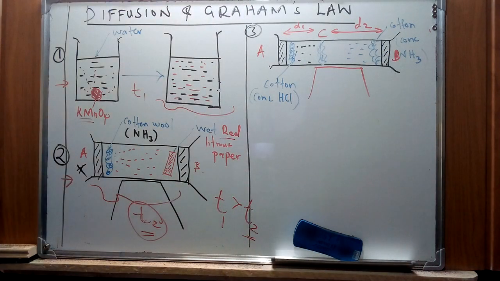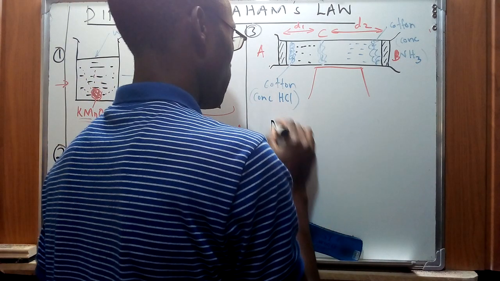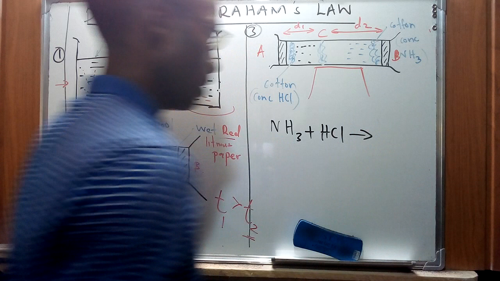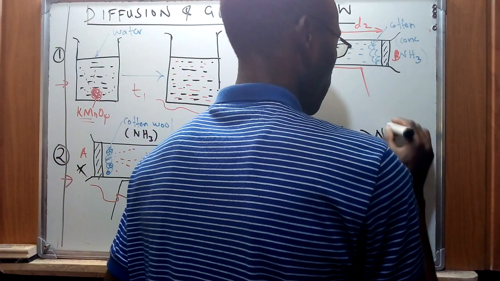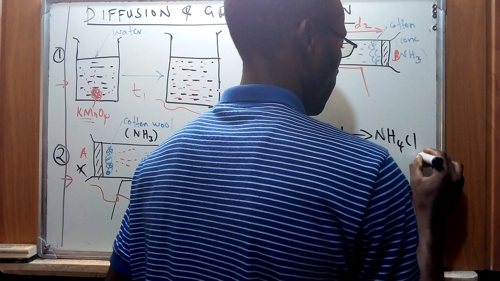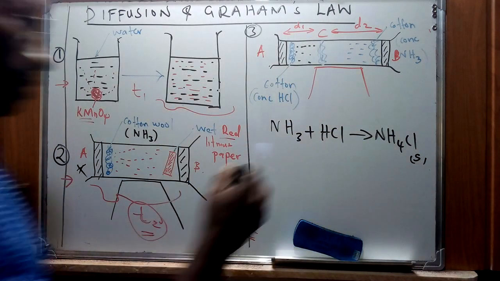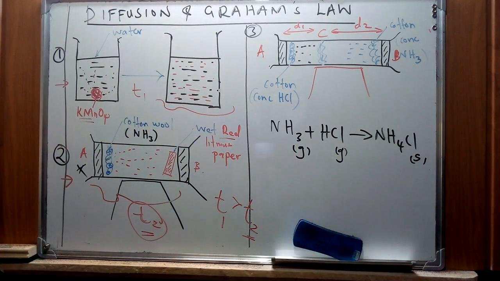They're going to form a white dense cloud of ammonium chloride. Now that's from reactions, that's the stoichiometry. We're going to see that this is going to form ammonium chloride, which is going to be seen as a dense cloud formed at that specific point.